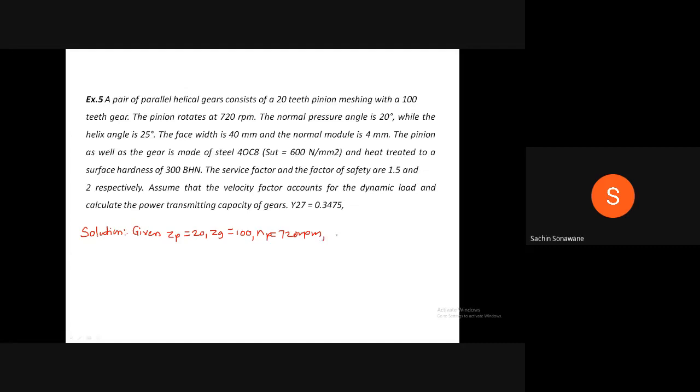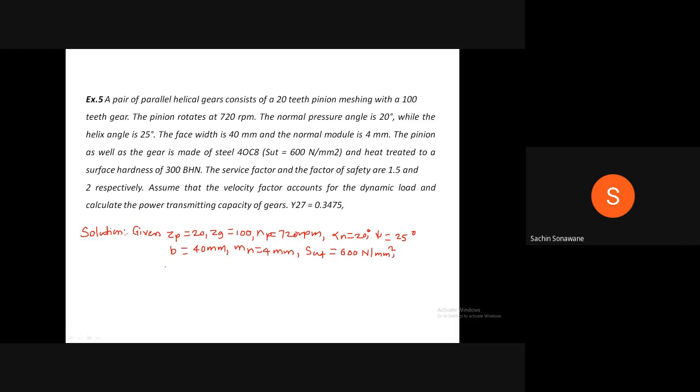Normal pressure angle alpha n is equal to 20 degree. Helix angle psi is equal to 25 degree. Face width B is equal to 40 mm. Normal module Mn is equal to 4 mm. SUT is equal to 600 Newton per mm square.